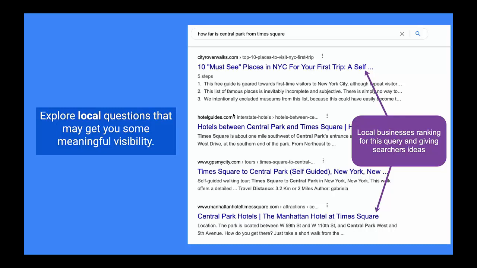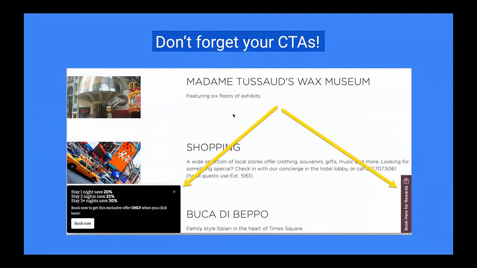Now, to make your content even more effective, do integrate your calls to action. We call them CTAs in short. Those calls to action should encourage your content readers to deal with your business, to buy something from you or to get in touch. A helpful call to action could be as subtle as mentioning your business as one of the possible solutions on how to get there, what to do there, how to spend good time there.